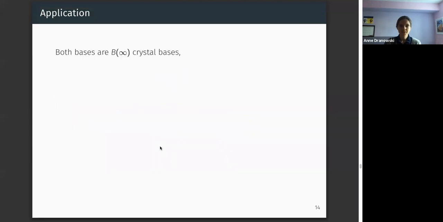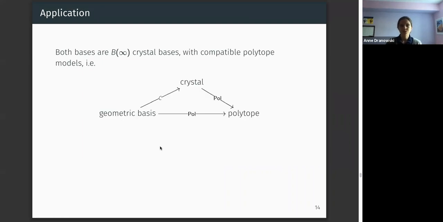And both are crystal bases. So again, they have some nice combinatorics. This is kind of an old result, and well, two separate old results, but relatively old by now. But the fact that they have compatible polytope models is relatively new and is due to Baumann, Kamnitzer, and Tingley.